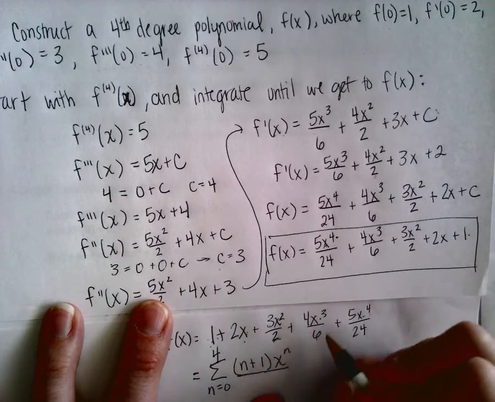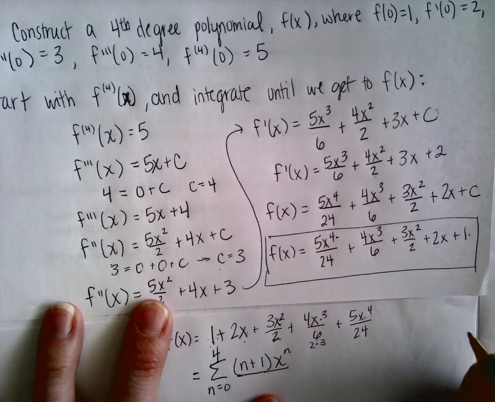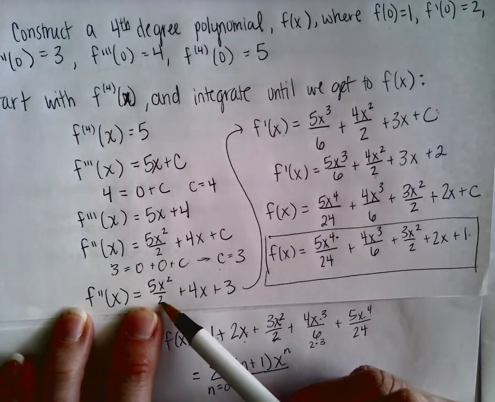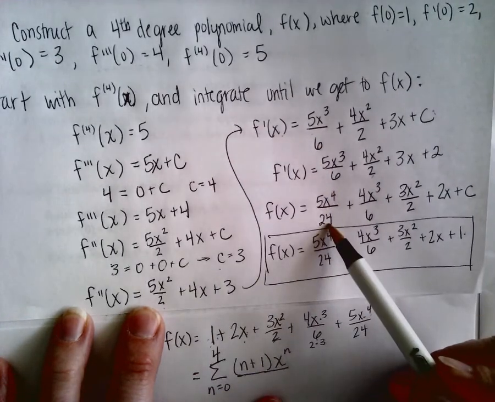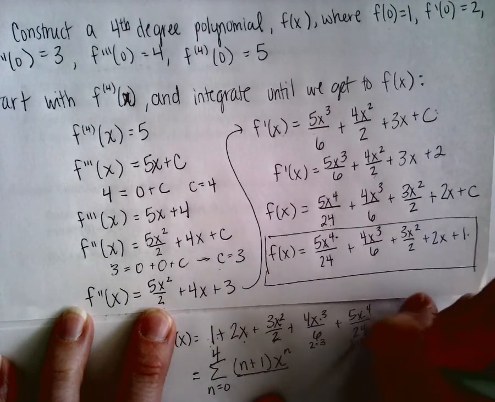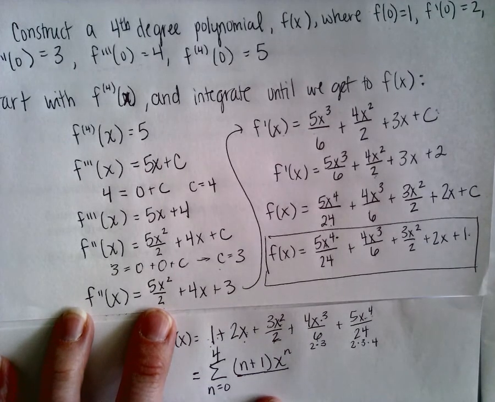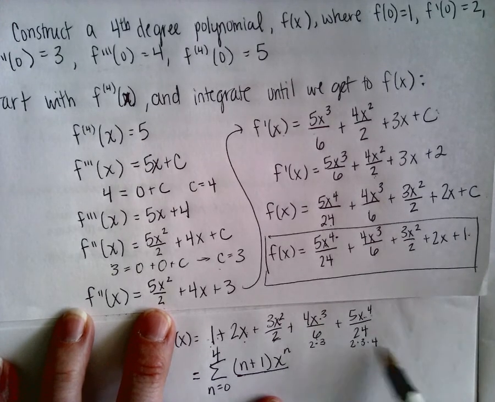So this 6 was actually 2 times 3. Okay, this 24, how did we get that? Well, we actually did 2 times 3 is 6, times 4 is 24. We actually did 2 times 3 times 4, because we integrated 3 times. So we went from x squared to x cubed to x to the 4th. So we had to divide by all 3 of those numbers.